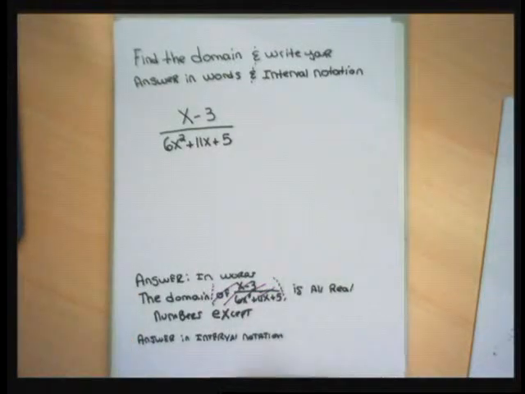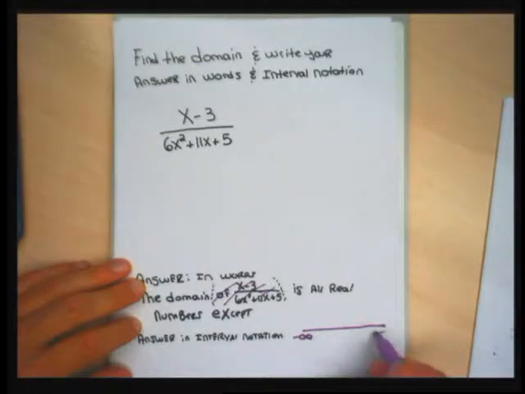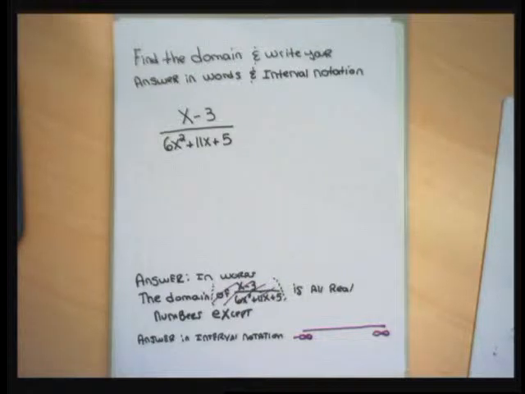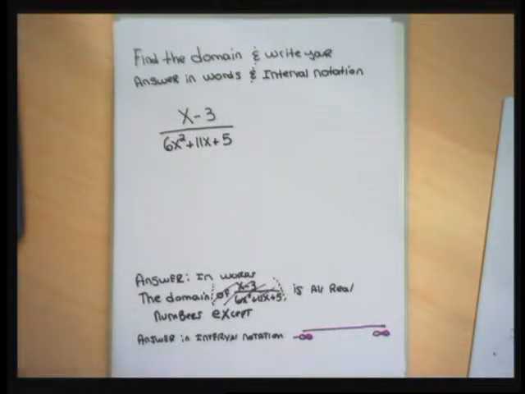And remember, when I go to write a domain in interval notation, I start off creating a number line that has negative infinity on the far left edge, positive infinity on the far right edge, and then any number I'm going to exclude from the domain I'm going to write in order between the infinities. So I almost have my answers done. I just need to find the numbers that are important or relevant, that come from this problem.